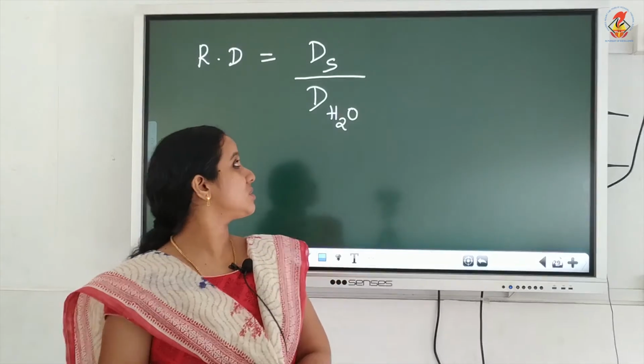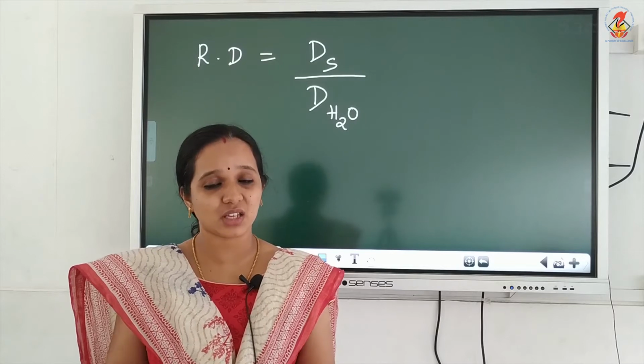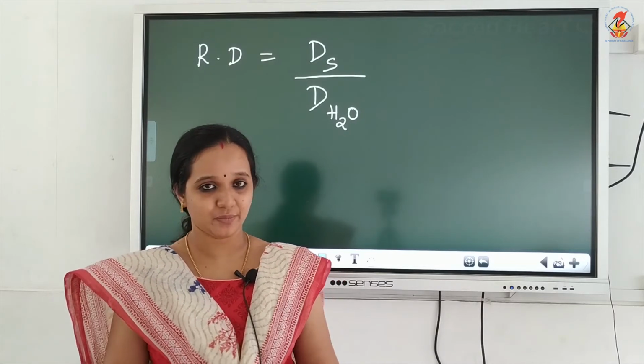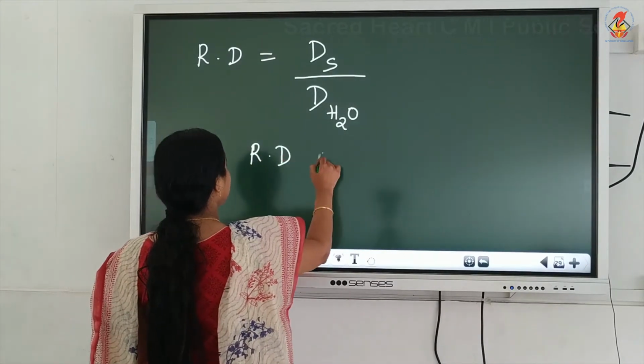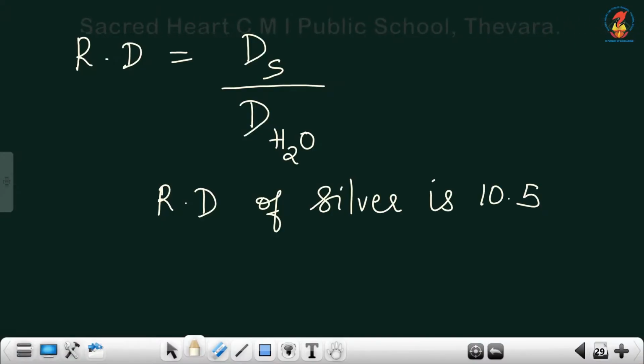Okay, and this is the formula to find relative density, that is RD is equal to density of substance by density of water. For example, if you are given that the relative density of silver is 10.5, what is the meaning of this statement?